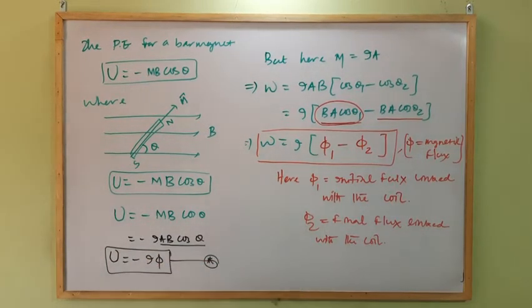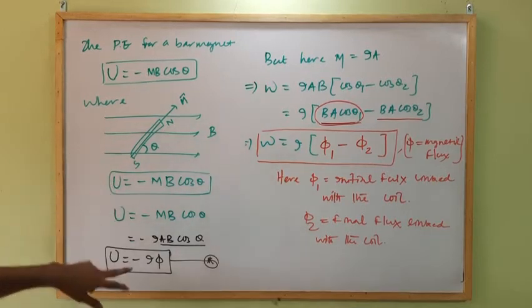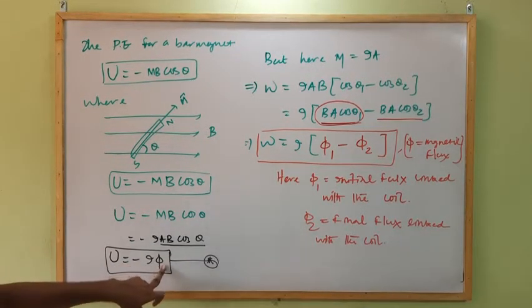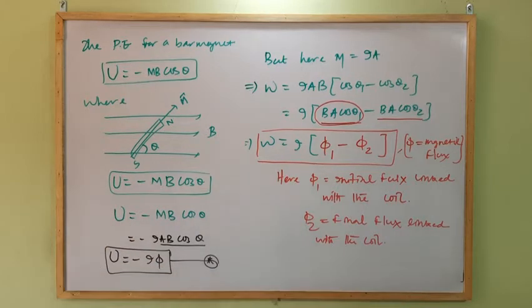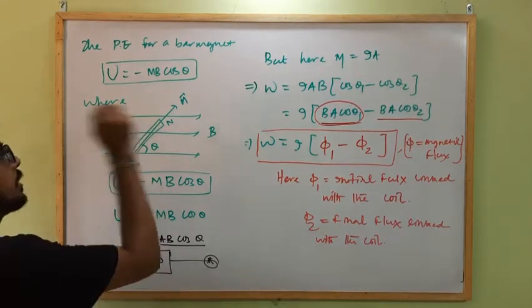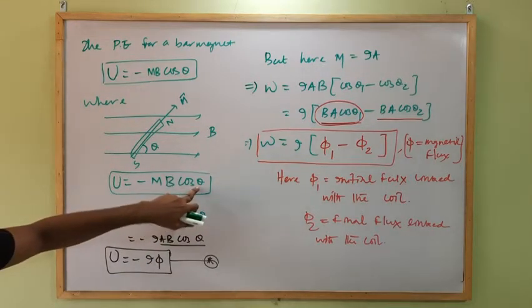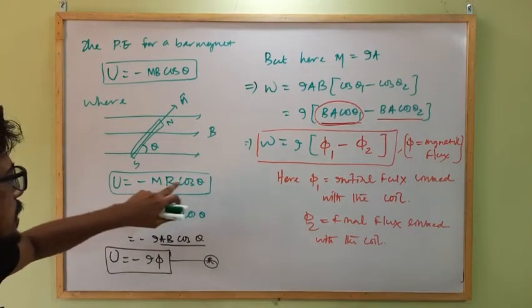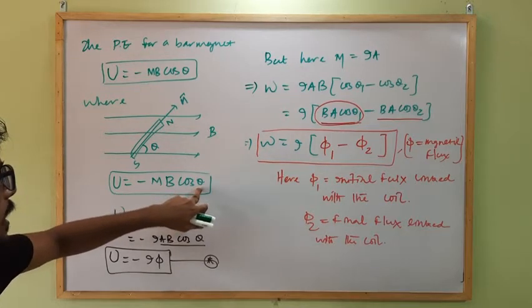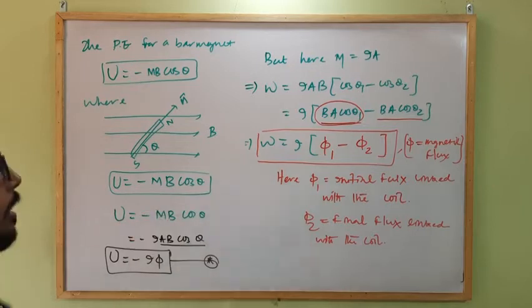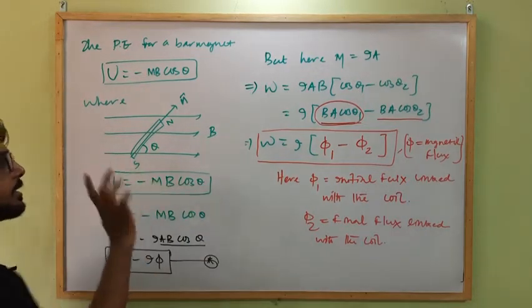So in case of a current carrying loop, the potential energy will be minus current flowing through the loop into the flux linked with the loop at that instant. Clear? And the potential energy is 0 when theta equal to 90. The potential energy will be minus MB, minimum, when theta equal to 0, and potential energy is maximum when theta equal to 180.